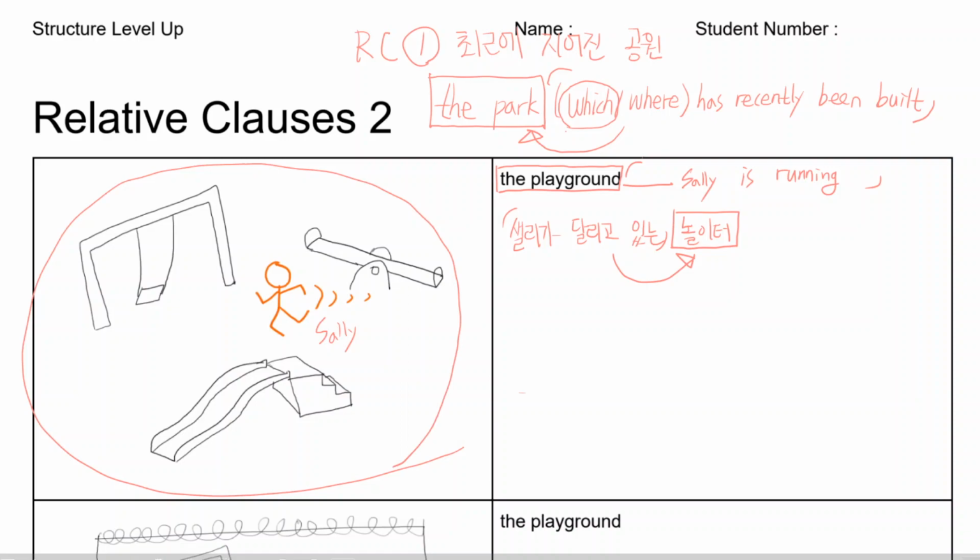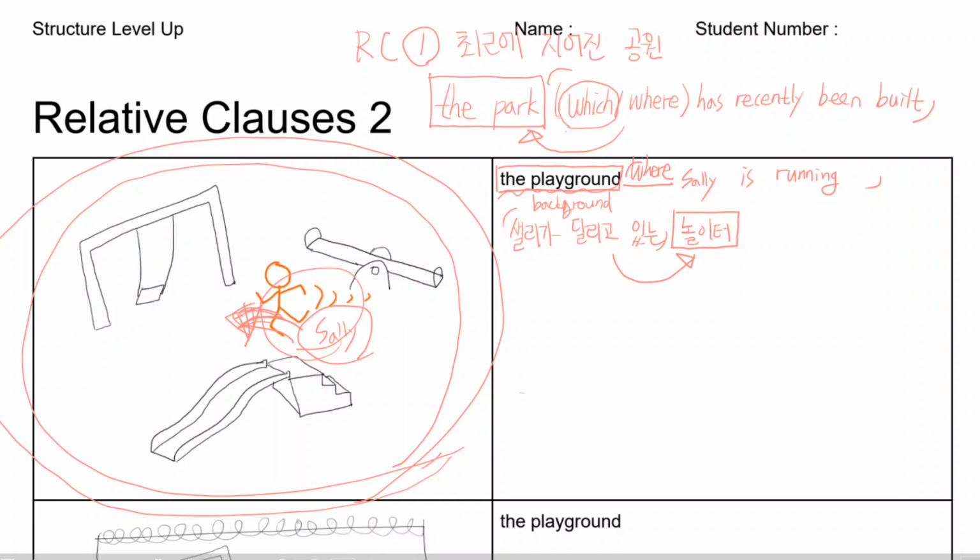So here I want you to focus on the situation here. If you look at the situation, the playground is actually a background, right? And Sally is in the situation, in the background, right? So the playground is a big background, and Sally is just a small person that is in the background, in the playground, right? So in this type of situation, you say where, because where means the place, right?